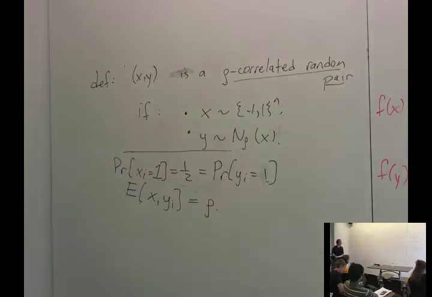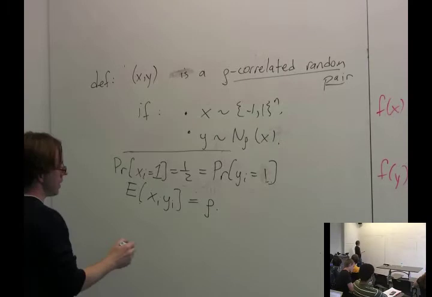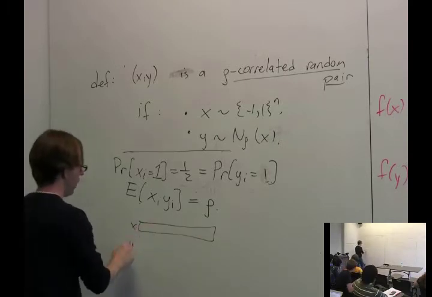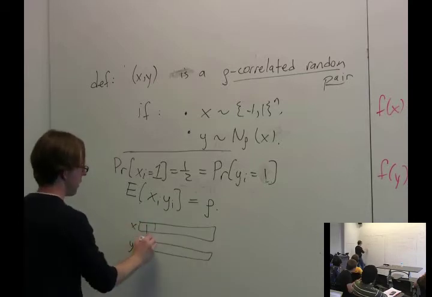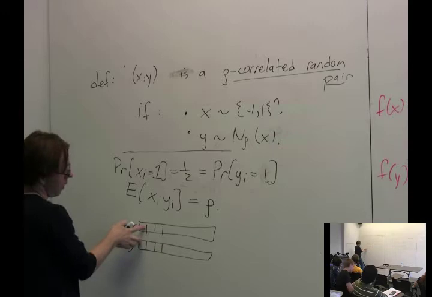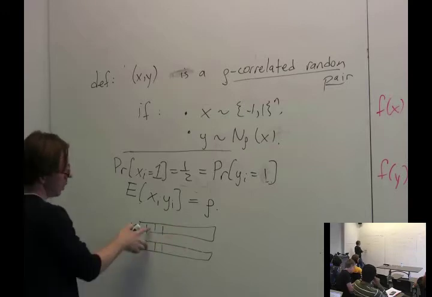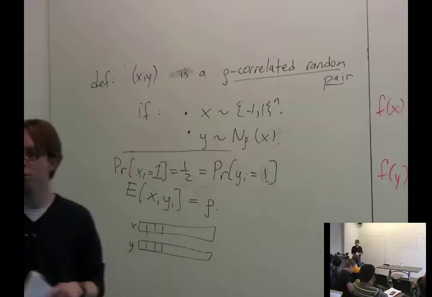So really, this definition, x and y are a rho-correlated pair, is the same as saying you draw the strings x and y jointly. Each pair of bits, you choose from some distribution, and the next pair from the same distribution independently, and so forth. So each pair of bits has this property: they're 50-50, but they have correlation rho.